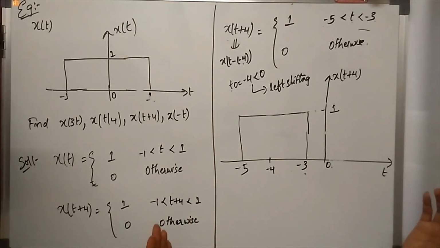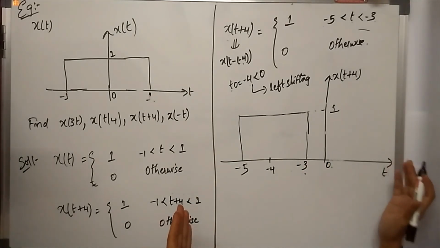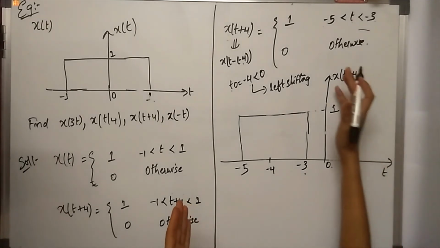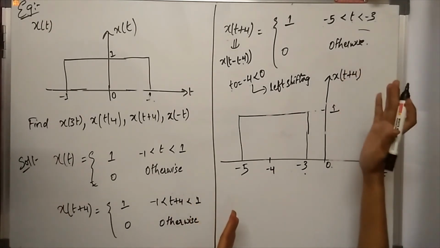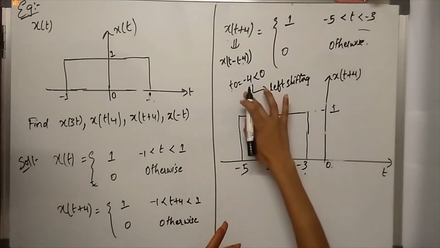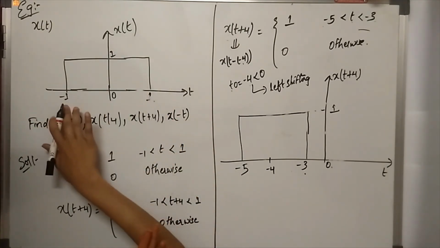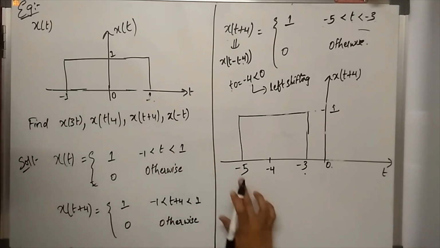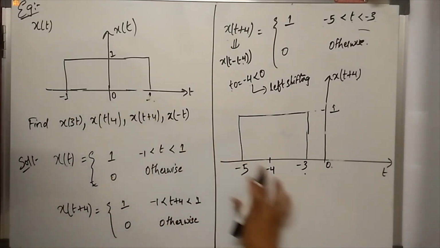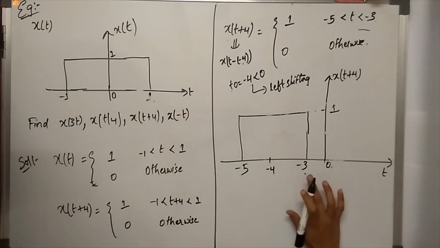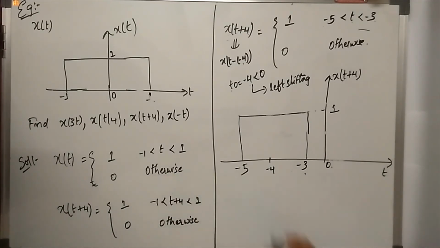To get a new timeline, or the x-axis of x of t plus 4, all I need to do is add t naught to the x-axis of x of t. So this is x of t plus 4.